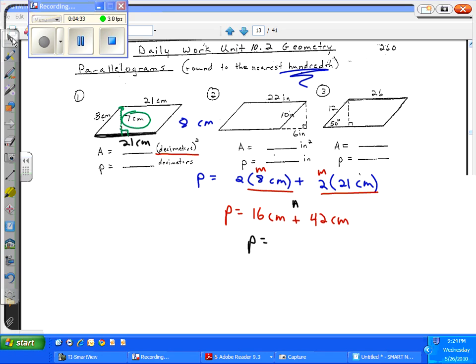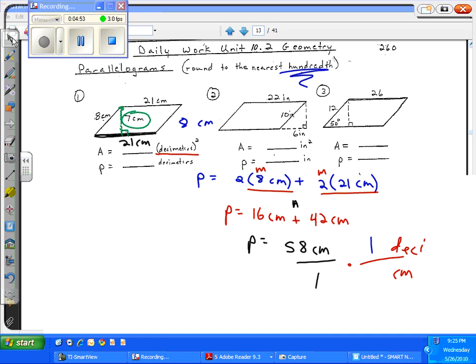And now we're going to add, so we would have perimeter is equal to 58 centimeters. But we want it in decimeters, so we need to lose the name centi and gain the name deci.